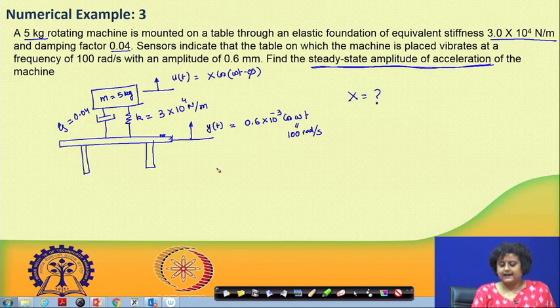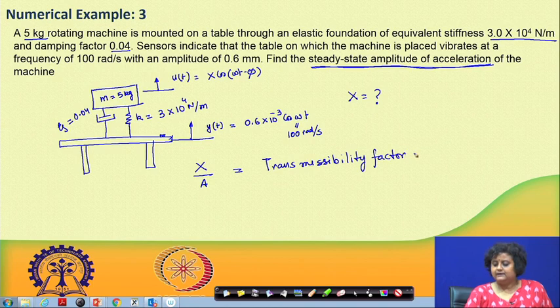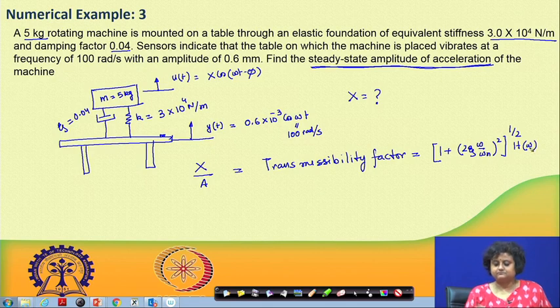We have seen that x by A is called the transmissibility factor, and the expression for the transmissibility factor is the square root of 1 plus (2 zeta omega by omega n) whole squared, into the magnification factor, where x is what we need to find out.